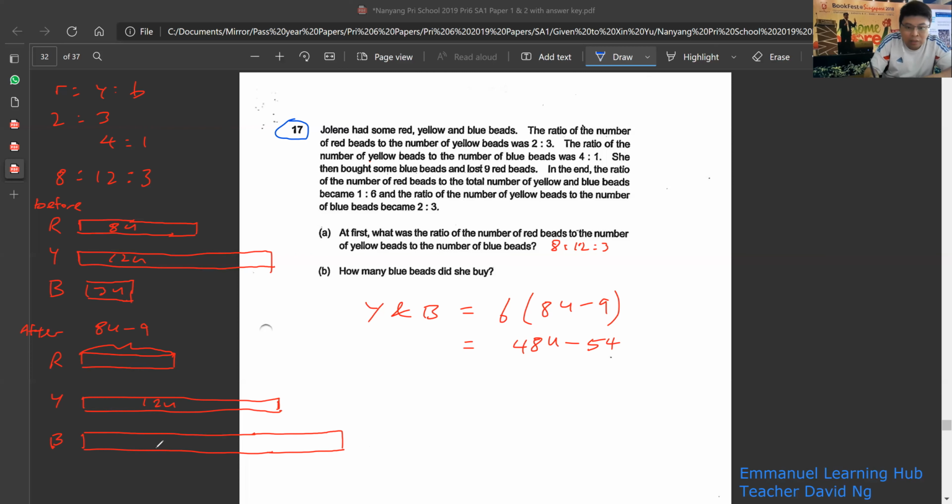So the blue one will be this minus 12, right?